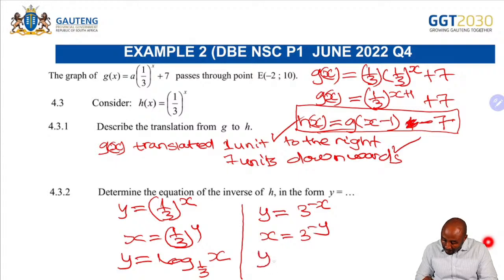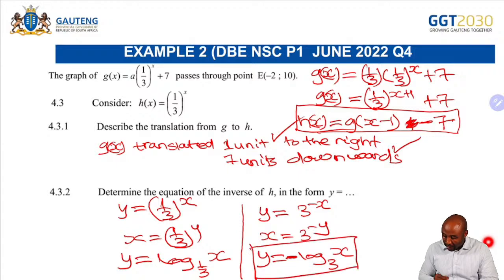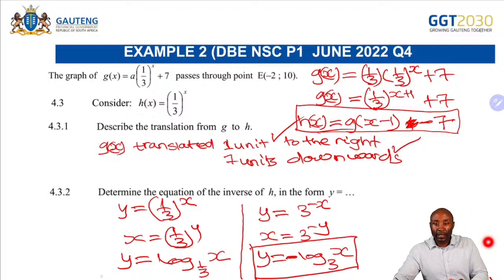And I will have this as y is equal to negative logarithm to base 3 of x. This is also how we can write our inverse function. But it's safer to leave it there. I'm just saying you must know all the forms so that if you are given one, you are able to see how you can work around it.